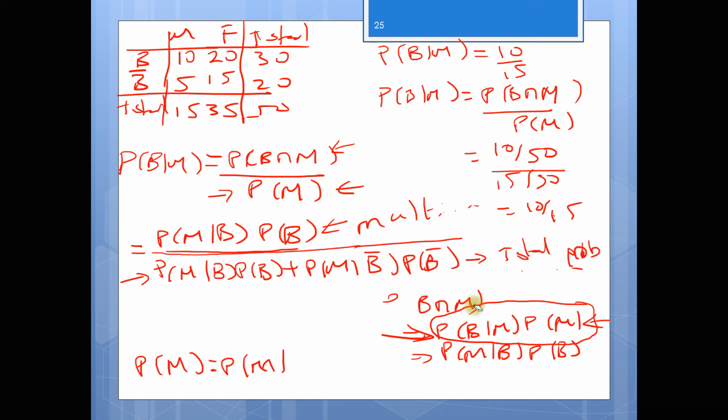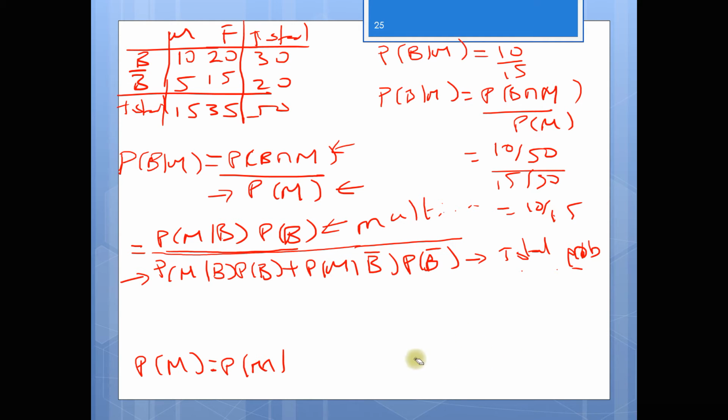So now let's try to evaluate this probability that we just got and see if we are going to get the same thing if we apply the conditional probability, 10 out of 15, and see if we get the same thing if we had to evaluate it directly. But let's have a look.